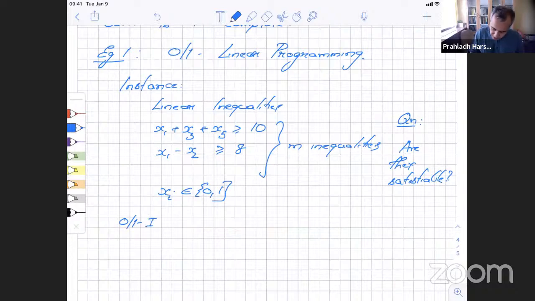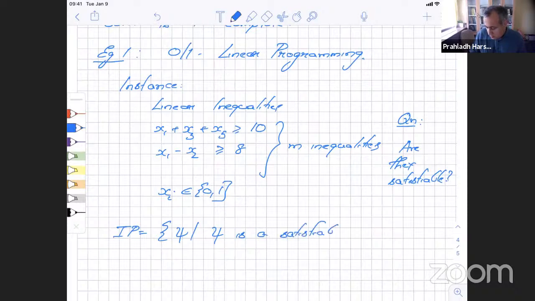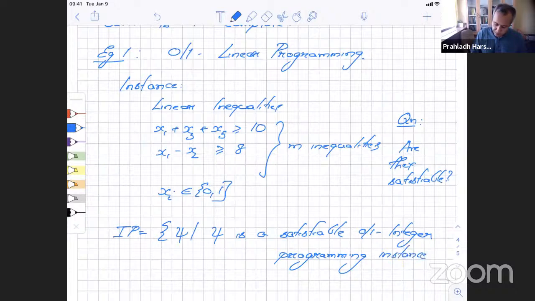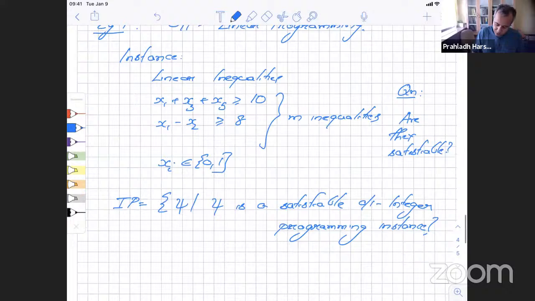For shorthand, I'm going to say IP is this: the instance psi is a satisfiable 0, 1 integer programming instance. I want to now say that 3-SAT reduces in polynomial time to IP.